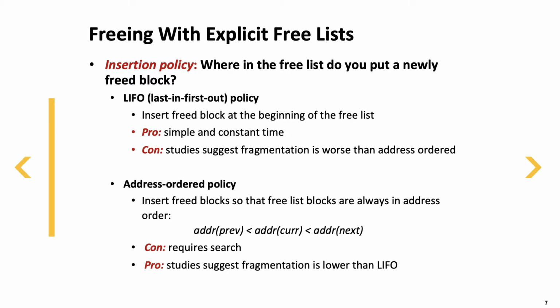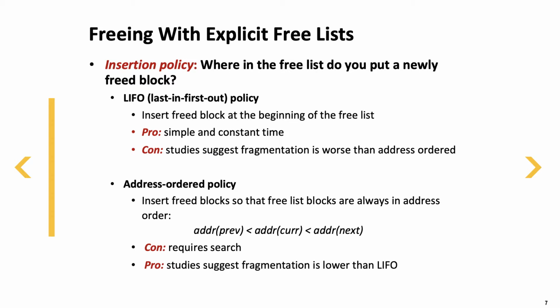So what's an address-ordered way? Well, that's our address-ordered policy. In an address-ordered policy, we insert the freed blocks so that the free list blocks are always in address order. So basically, we're going to make sure that the physical addresses match that logical look that we saw on the last slide.